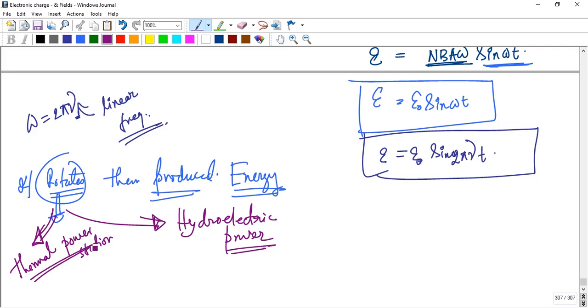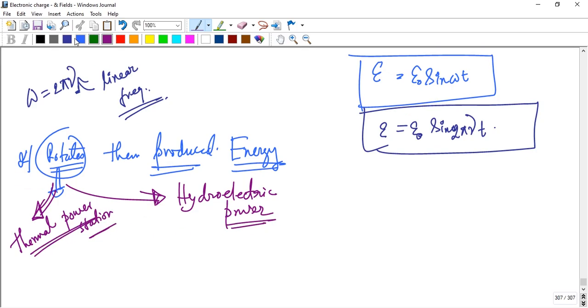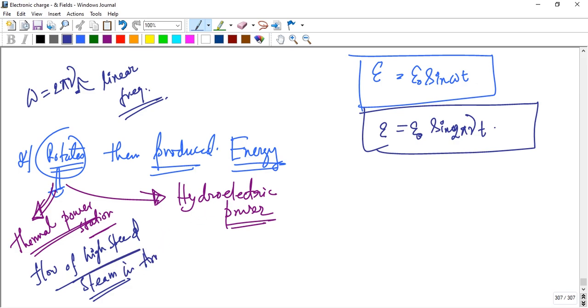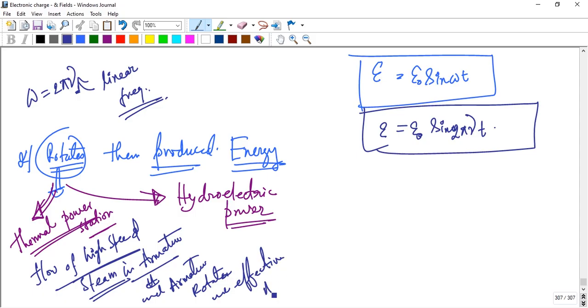In a thermal power station, how does it rotate? There is a flow of high speed steam in the armature, and the armature rotates and the effective area changes. This steam is generated from water boiling with the help of coal burning.